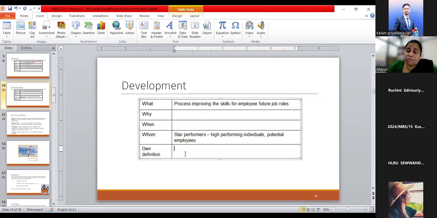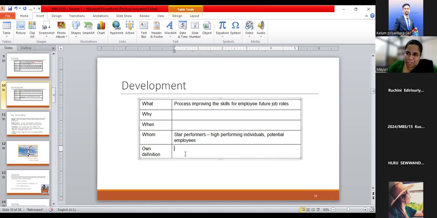So we have to identify the staff performers whom we can develop to take up these responsibilities. Very important. We are developing these potential employees to take over future leadership positions.